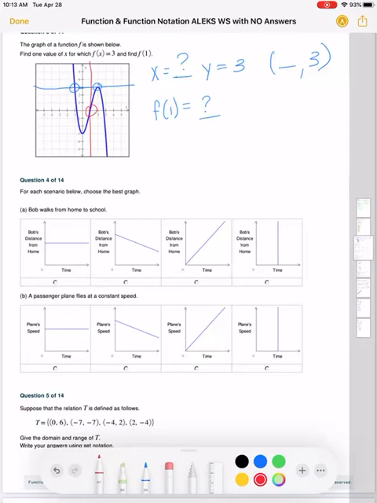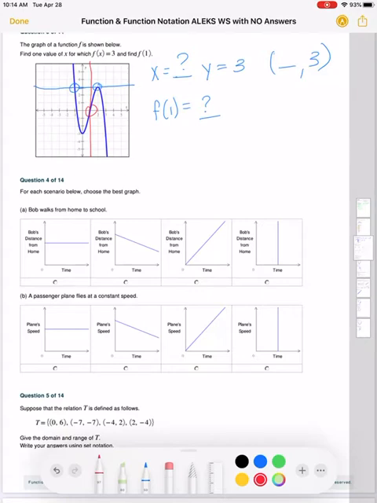All right, number 4. It says choose the graph that matches the scenario. So this says Bob walks home from school. Bob's distance from home is on your y-axis, and the amount of time that has transpired since he left school is along your x-axis. So if he's walking home from school, is his distance getting greater, getting smaller, or remaining the same?